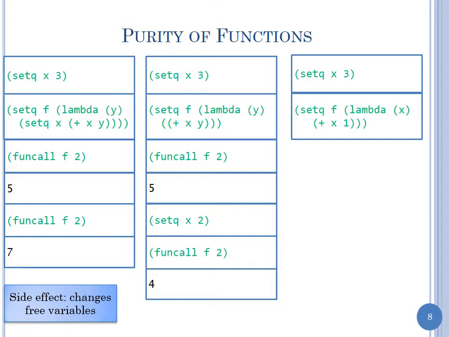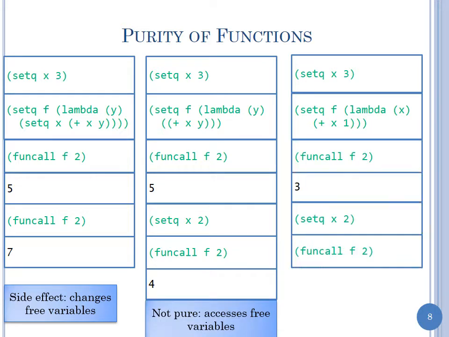If I call the same function twice in succession with nothing happening, I get the same result back, but if something in between happens, it changes. The right one, no matter how many times you call it, is going to return the same result each time. So that's a pure function. It accesses only locals.